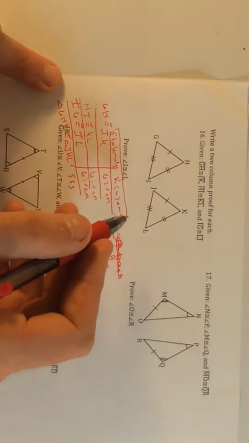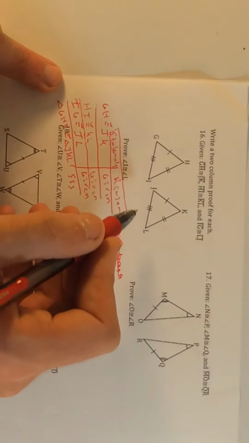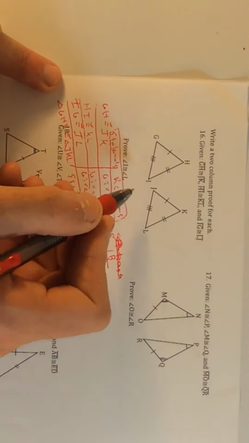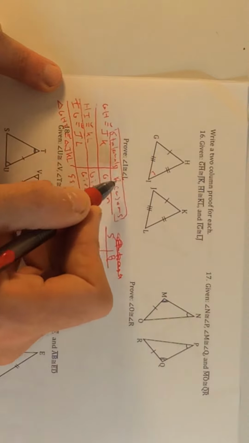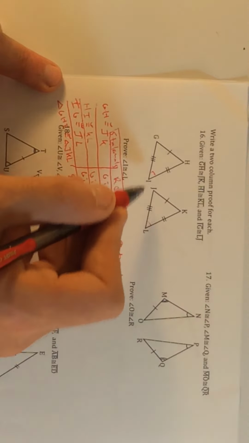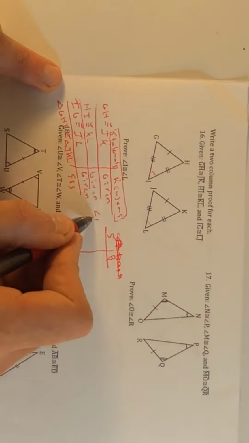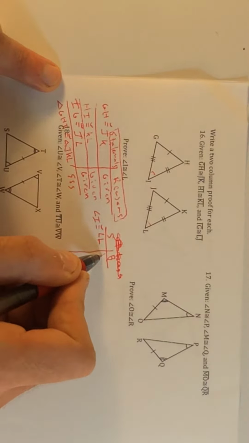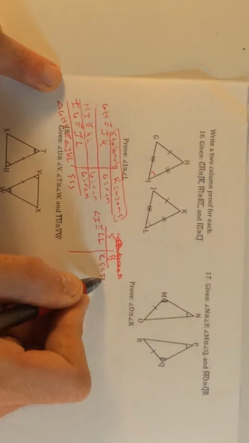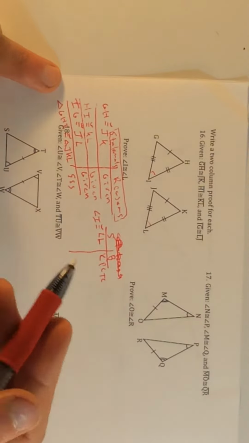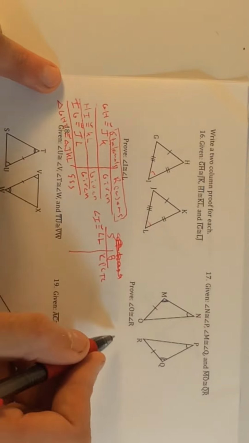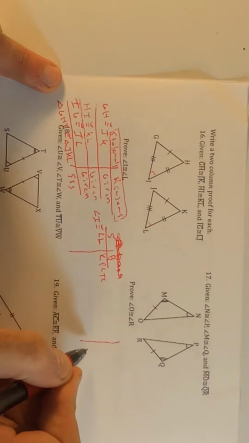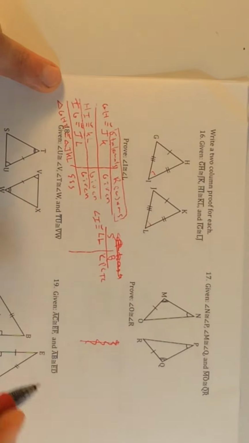So therefore, if they're congruent, our corresponding parts have to be congruent. So we see angle I is here, angle L is here, they're in corresponding positions. So angle I is congruent to angle L by CPCTC. Corresponding parts of congruent triangles are congruent. Okay. Oh, you guys are doing this next one on your own.